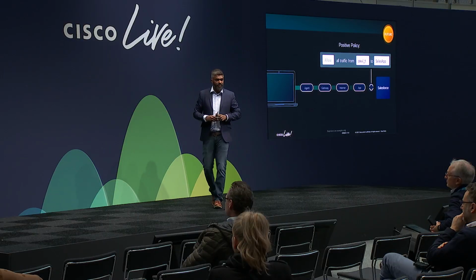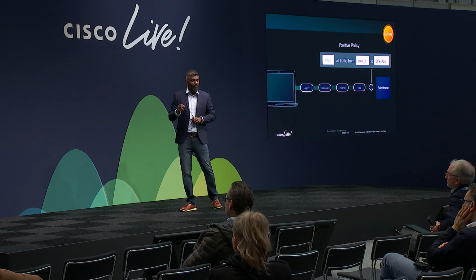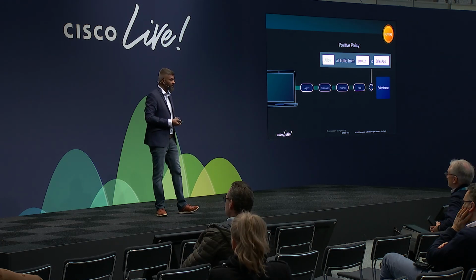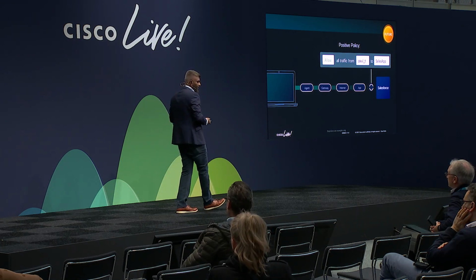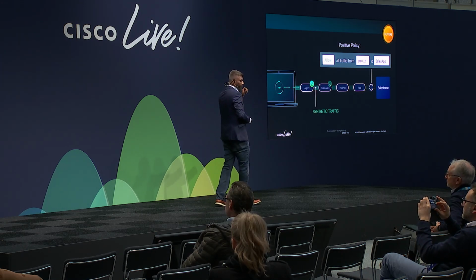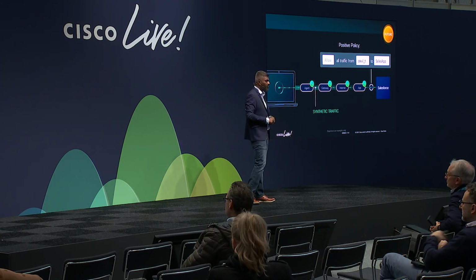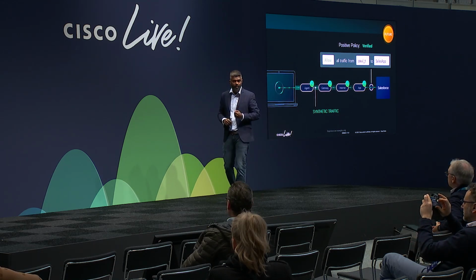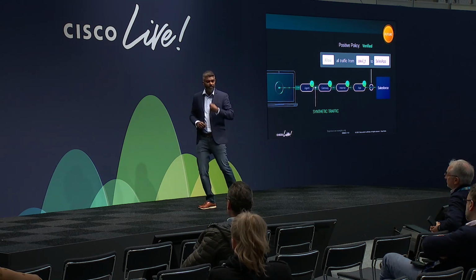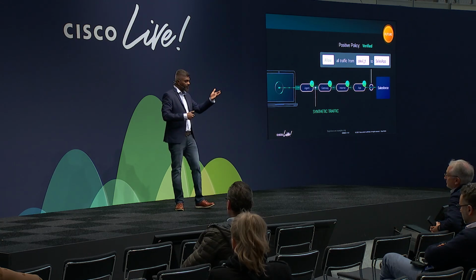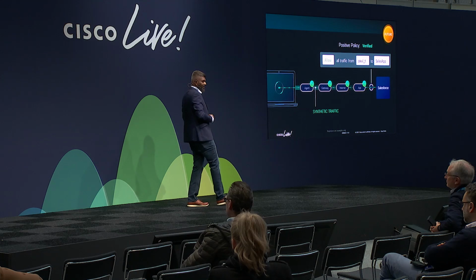The second aspect is that of policy assurance. How do we make sure that the policy we're going to be pushing actually does what it's supposed to be doing? So, say you're an administrator and imagine that you want to say, hey, we want to give Paul access to a sales application. What we would kick off are a bunch of probes. We use synthetic data to pre-test and figure out whether this policy is going to have the right effect, and that Paul's going to be able to access the sales application.